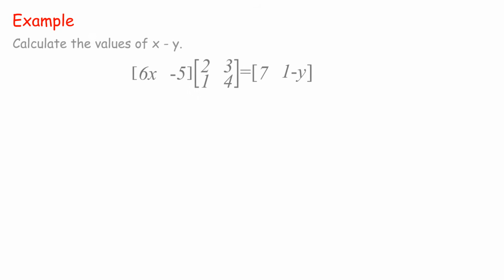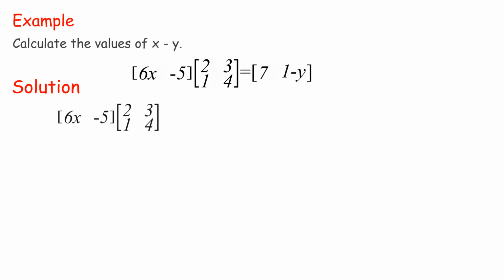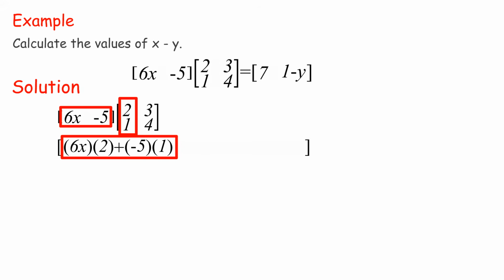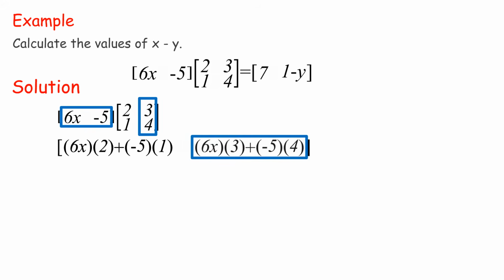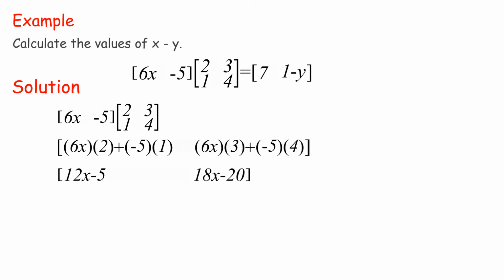Example: calculate the value of x minus y. Solution: multiply the matrices. First row of the first matrix multiplied by the first column of the second matrix, 6x times 2, plus -5 times 1. First row multiplied by the second column, 6x times 3, plus -5 times 4, equals 12x minus 5, 18x minus 20.